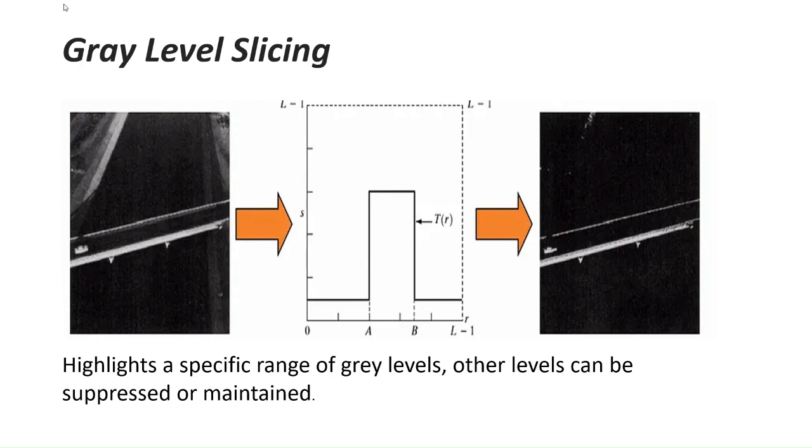We can see this line is generated, and two objects are displayed in the original image compared to the generated image. On the upper side one object or one line is removed, because that is unwanted in the original image. So we are removing, we are slicing, and that is known as gray level slicing.